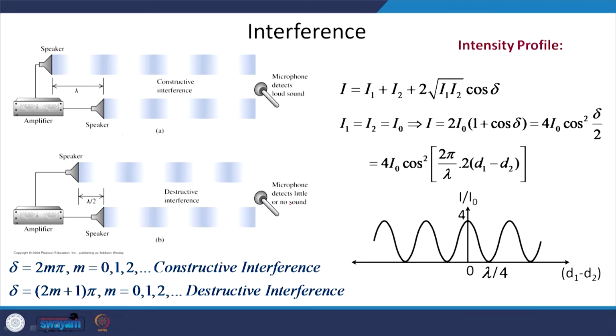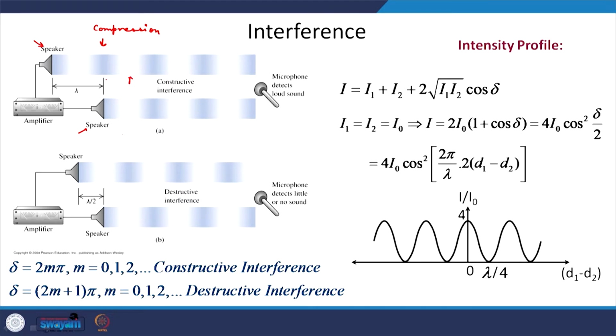So, suppose you have an amplifier connected with two speakers and they are producing longitudinal waves. Like sound, this travels in the form of compression and rarefaction.